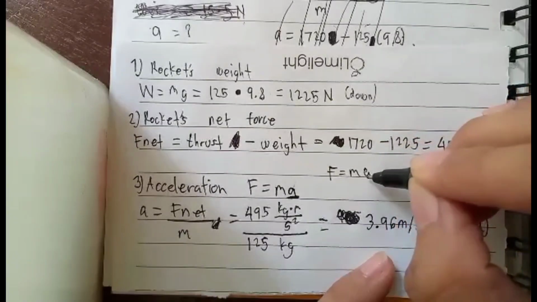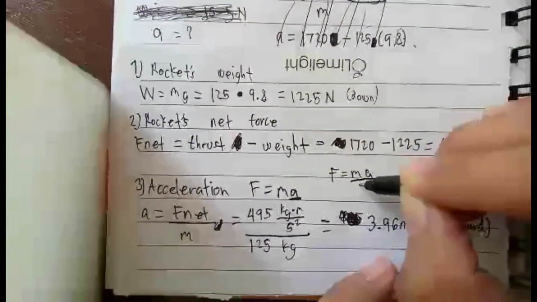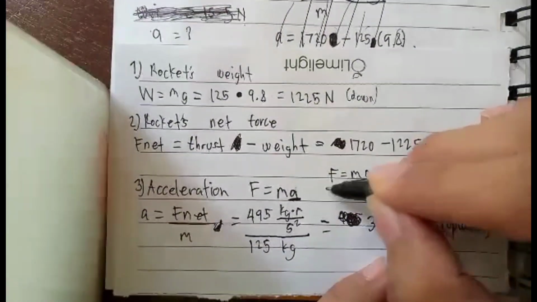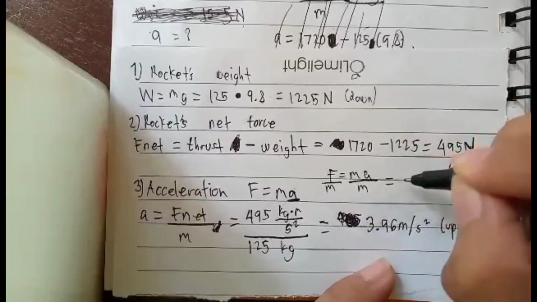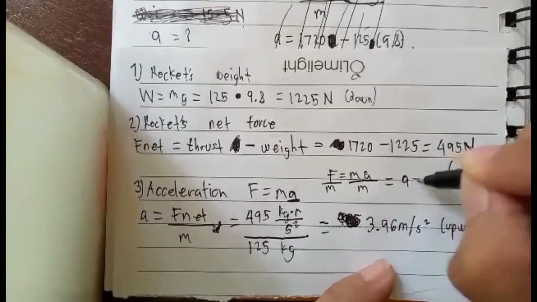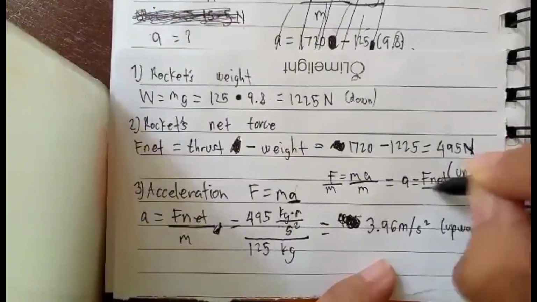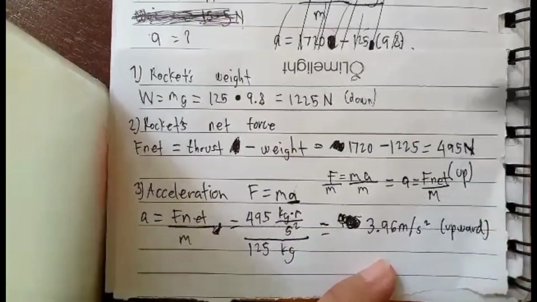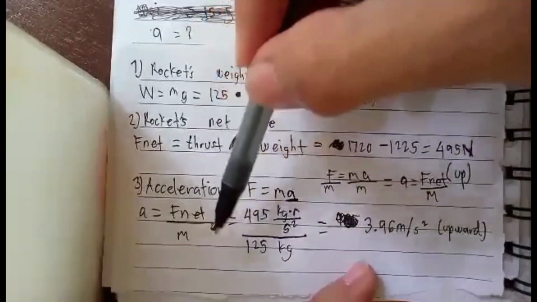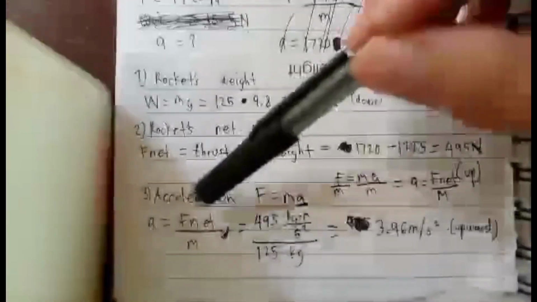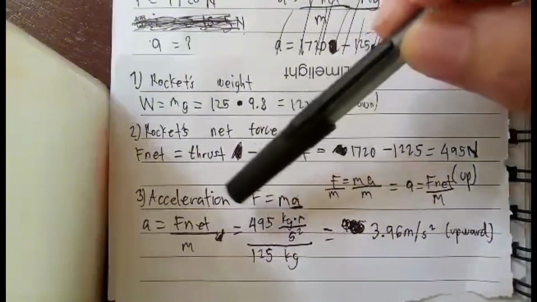To derive that, we divide by m. So it will equal a equals F net over m. So that's why we come up with this formula. This is already the derivation of the acceleration formula.